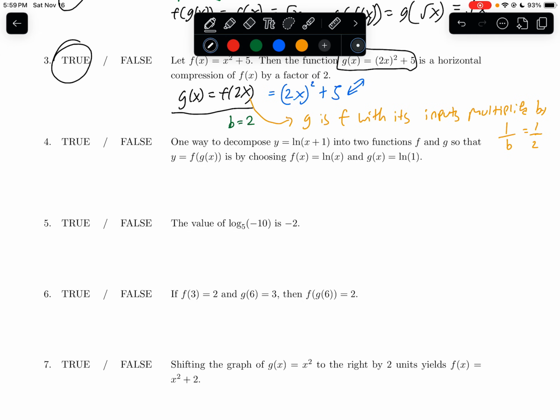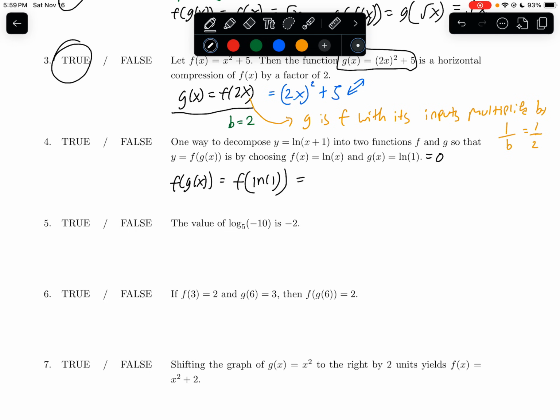One way to decompose this function into two, okay, so we can check that this works or doesn't work. If I do f of g of x, this is f of, well, g is ln of 1, and ln of 1 is 0.